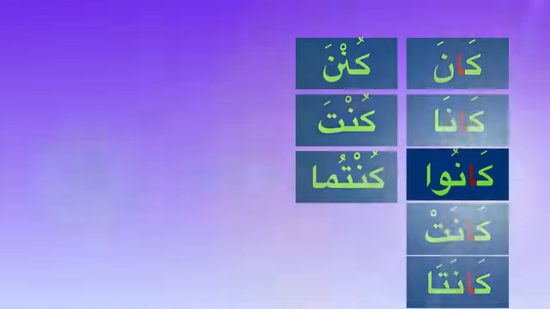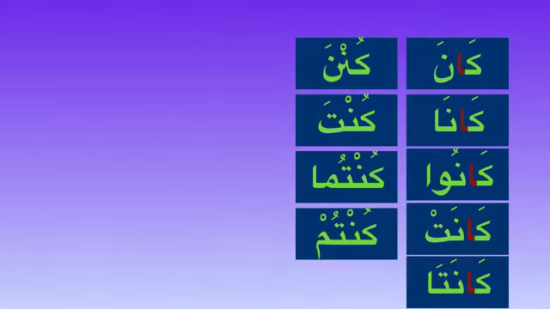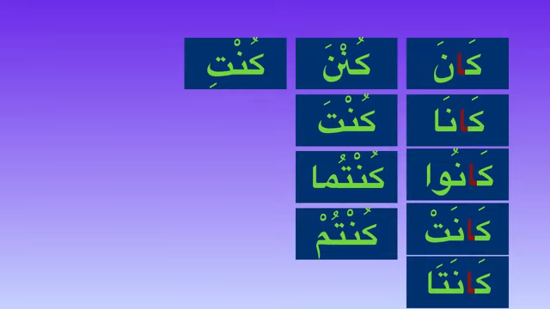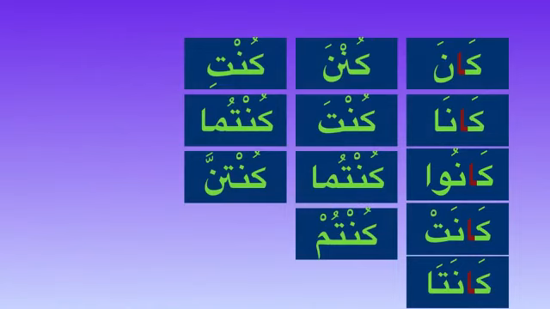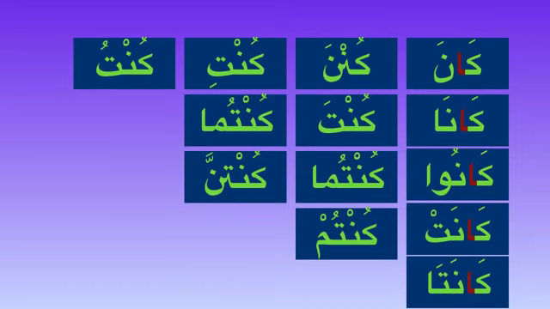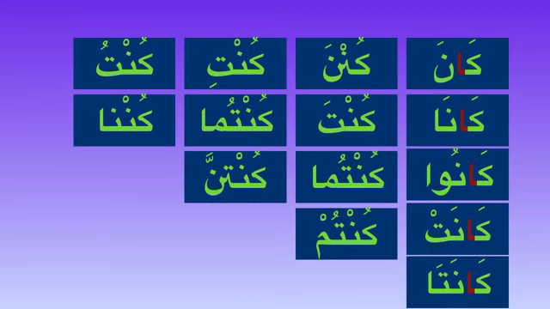Kunta, you were. Kuntuma, you both were. Kuntum, you all, you were, males. Kunti, you feminine, you were. Kuntuma, you both, you female. Kuntunna, all of you female. Kuntu means I was in the past tense. And kunna means we were.